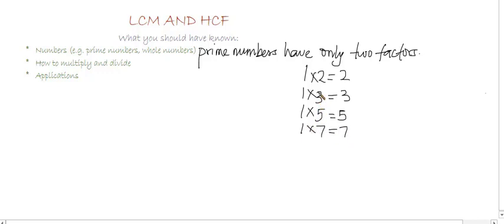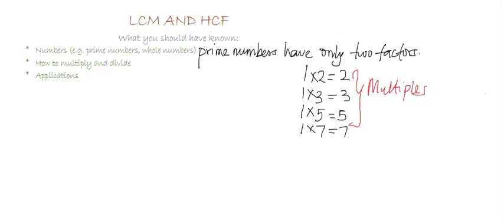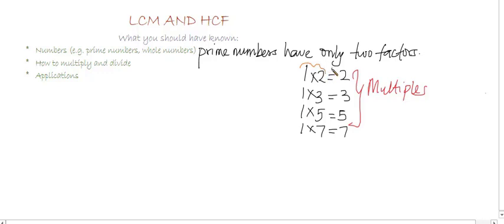So here now we have our answers, which are the prime numbers, and we can also call them multiples. Why? The numbers we multiplied are actually called the factors. These are the factors.